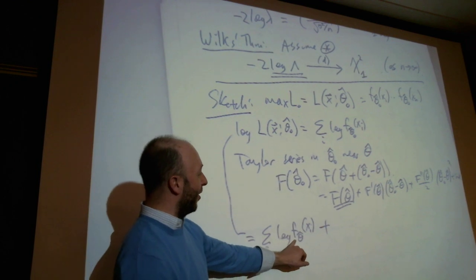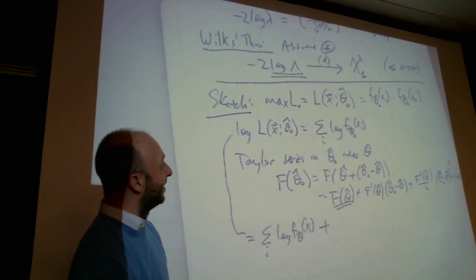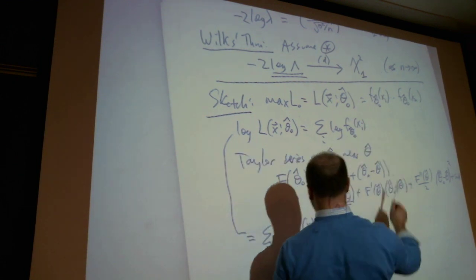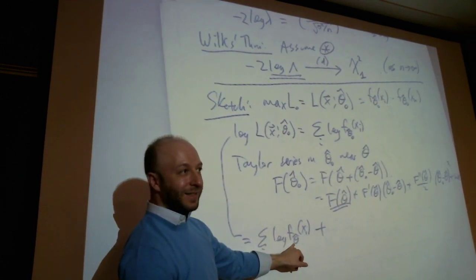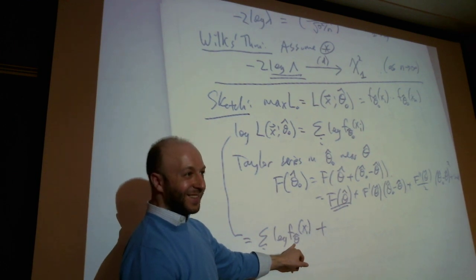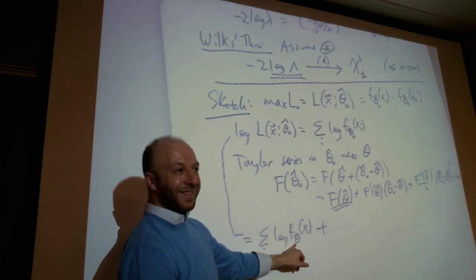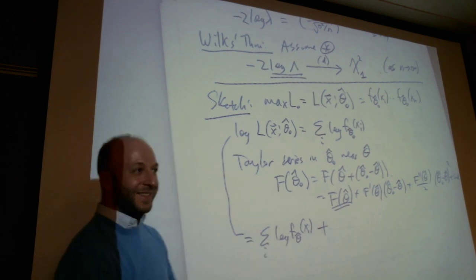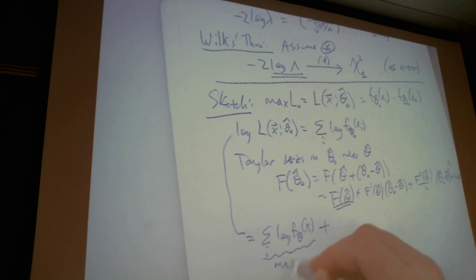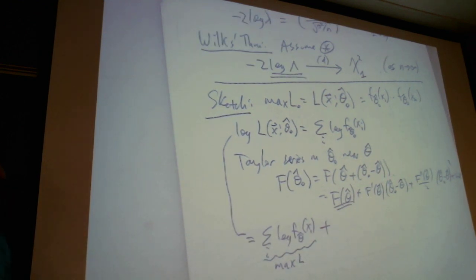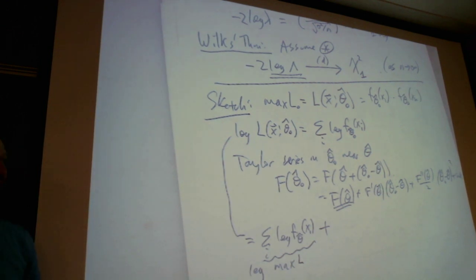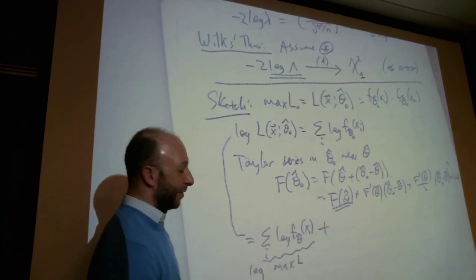The sum of log of the f theta hats of the xi is log of the product of the f's, but not at theta hat 0, at theta hat, at the MLE. This is exactly our log of max L. Hopefully you see that.